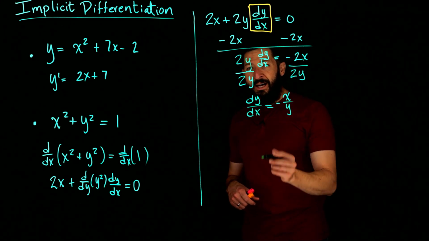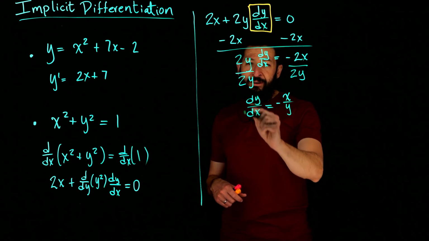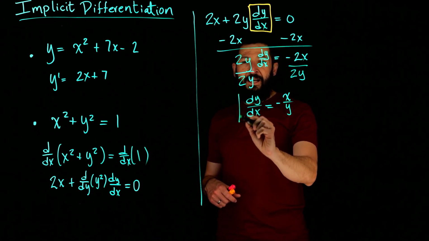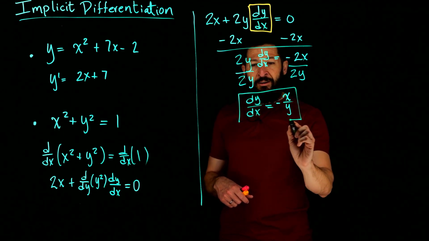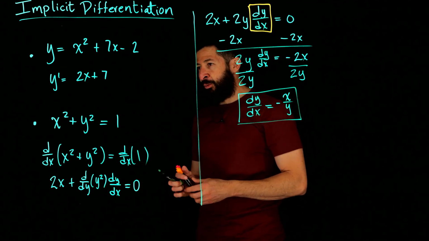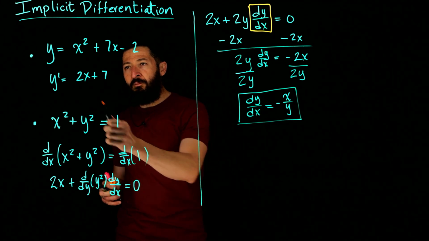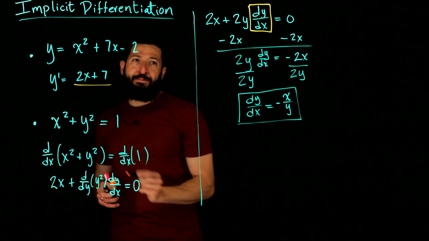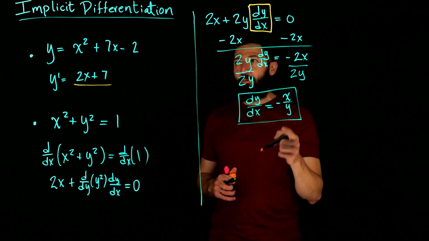And right there you have that y prime, if you want, is going to be equal to negative x over y. So now your derivative, in contrast to what we had before, does not just depend on x. It depends on x and y.